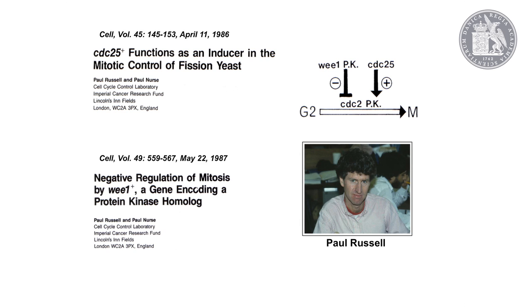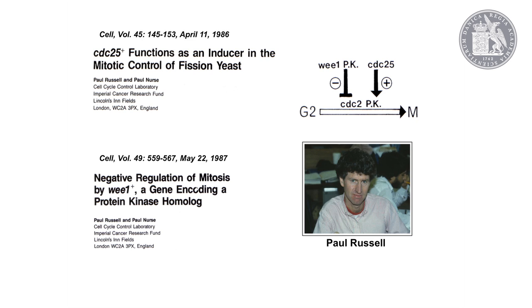Another postdoc in my lab, Paul Russell, because all these efforts are now entirely collaborative, and these all brought skill sets that I didn't have into the laboratory. And in several papers, Paul Russell, who now is working on the west coast of America in California, identified 2 regulators of CDC2: WEE1, you remember WEE1, which is another protein kinase that phosphorylates CDC2, and CDC25, which takes that phosphate off.